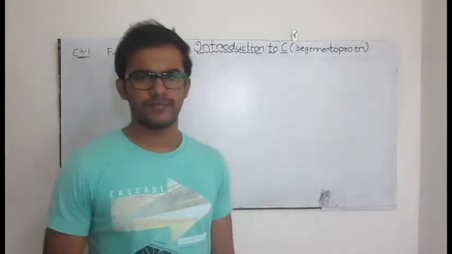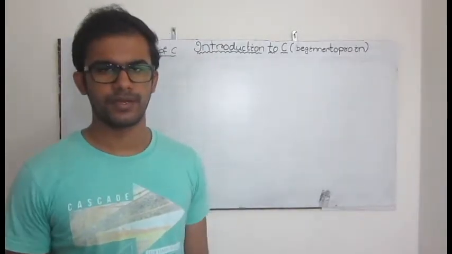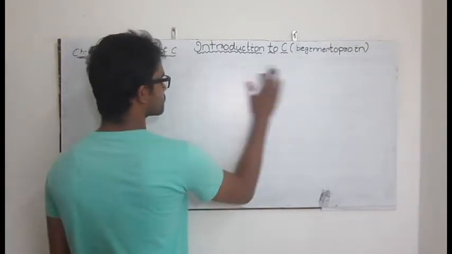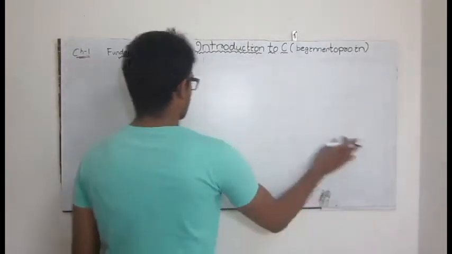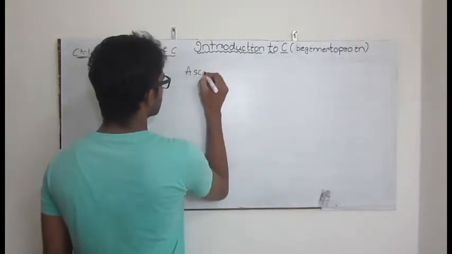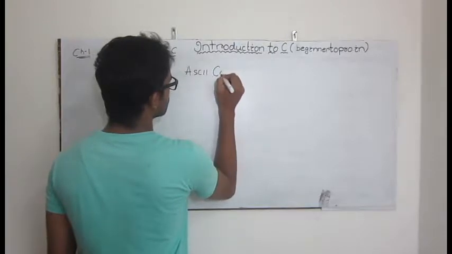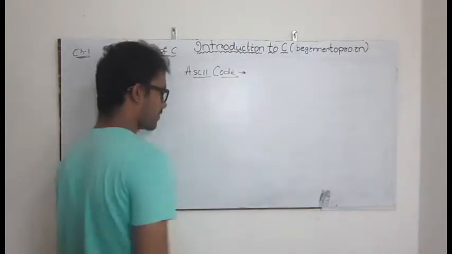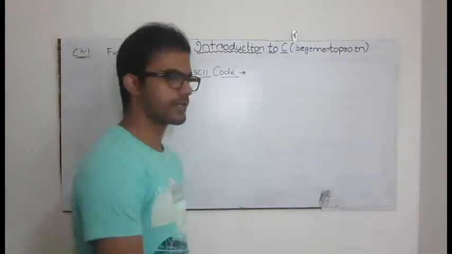So guys, after the floating types in C, our next topic will be ASCII code. So what does this ASCII code tell us?